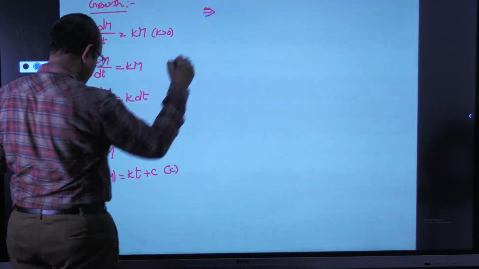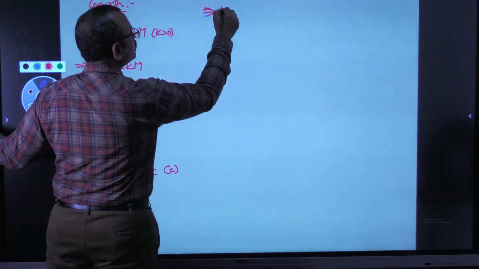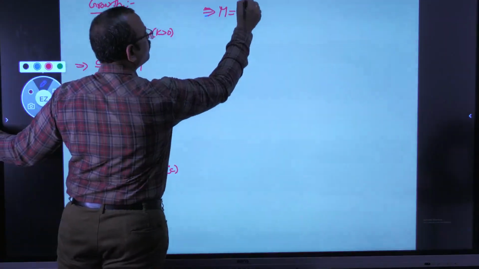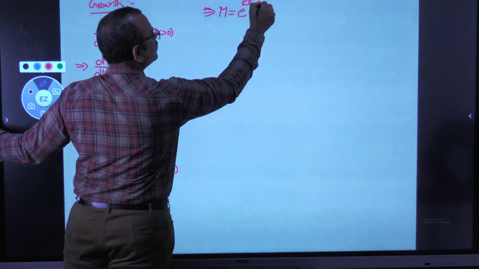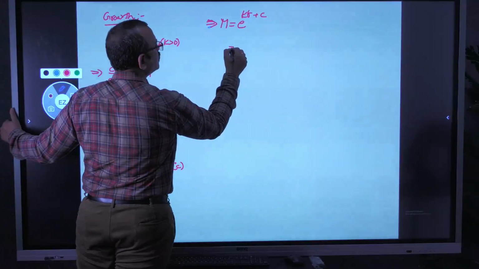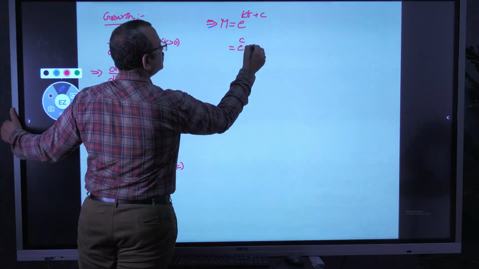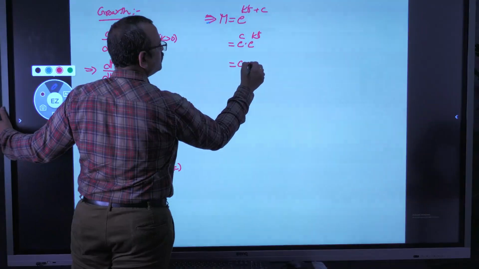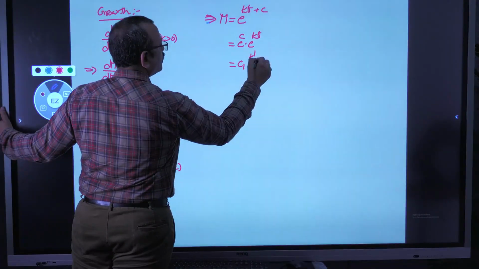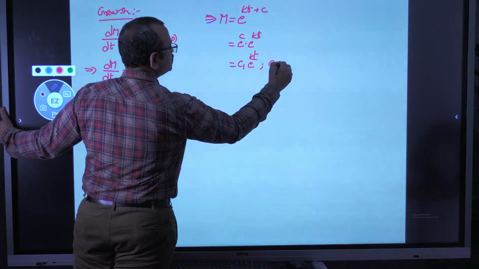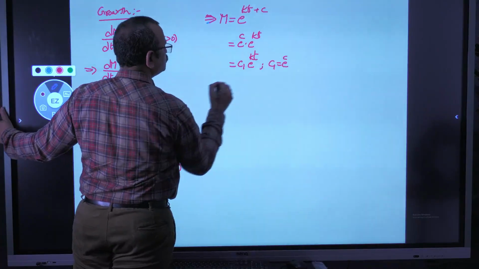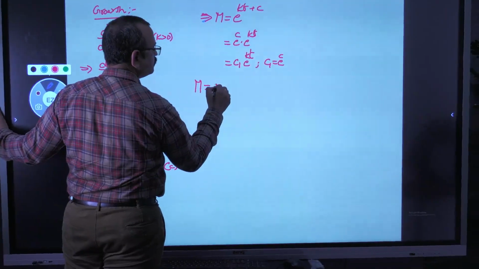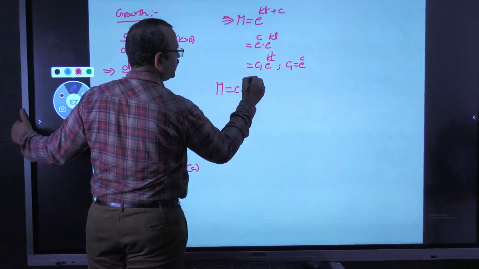By applying the basic logarithmic formula, we get m is equal to e power kt plus c. Otherwise you can write this as e power c into e power kt. Here e power c can be written as some c1, so c1 is nothing but e power c. Finally, in general we can write the formula as m is equal to c into e power kt.